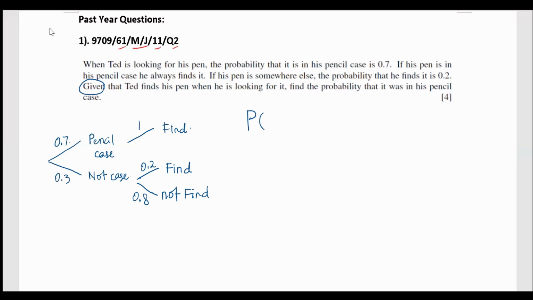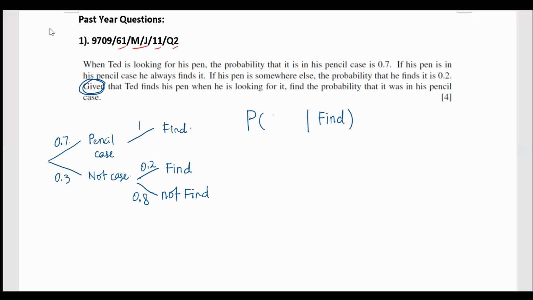Now, to find the probability, Ted finds his pen when he's looking for it is given. So whenever it's given, you put it at the back because it has occurred. Given that Ted finds his pen, so he can find it, what is the probability that it was in his pencil case?